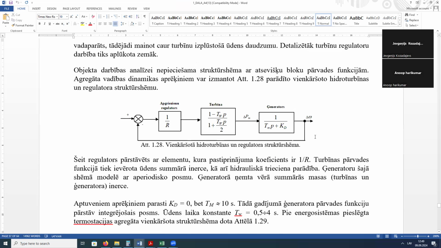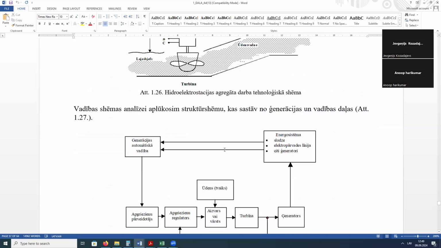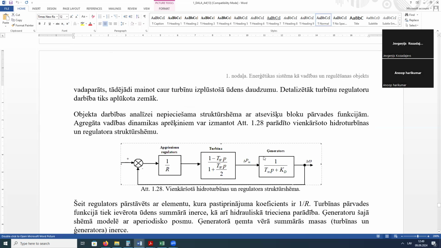Using control theory, using transfer functions from math, to make the regulator. So we could transfer this one to this one, and next we'll discuss all these transfer functions. I think this information should be known to you, but we'll repeat it.